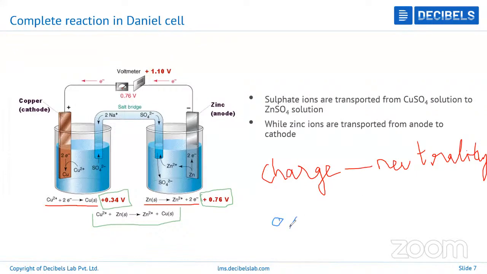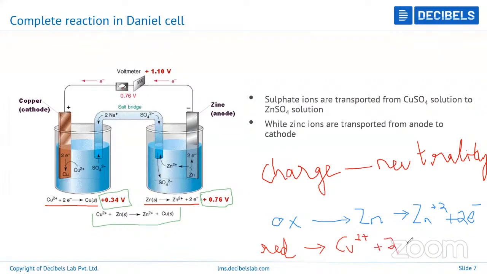I'll write oxidation as OX. This is zinc splits into zinc ion plus 2 electrons. Then let's say I have the reduction reaction, which I'll write as RED. RED is nothing but reduction: copper ion plus 2 electrons gives copper.